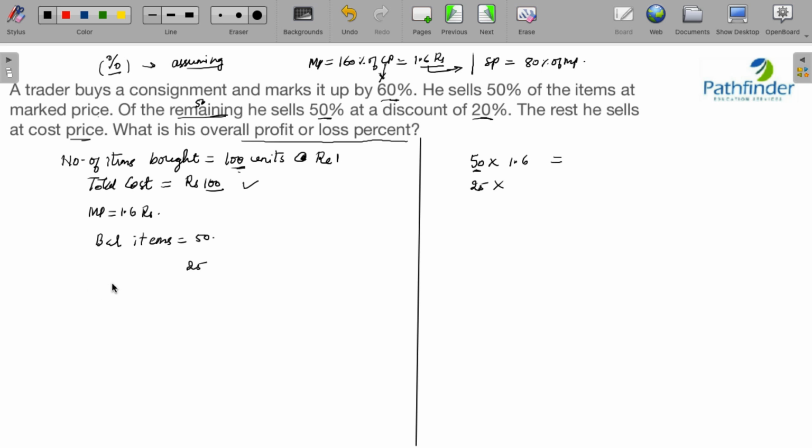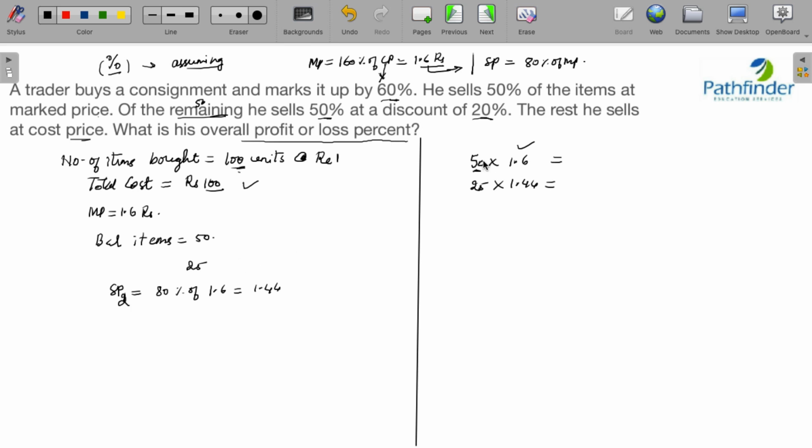So the first selling price was the marked price itself. The second selling price is the discounted price, that is 80% of 1.6, which is your mark price. This is 1.44. So 1.44 is the discounted price.